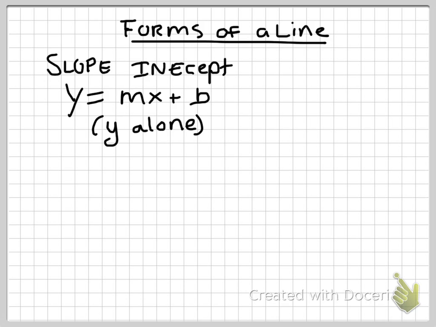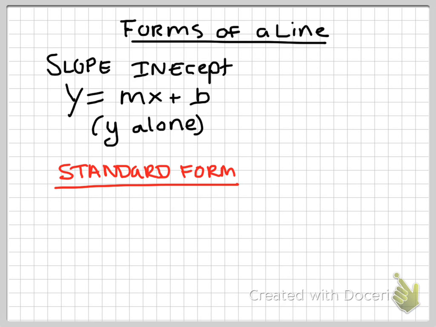The second form of a line is called standard form. Standard form of a line looks like this: Ax plus By equals C, notice I'm using capitals, where A, B, and C are integers.